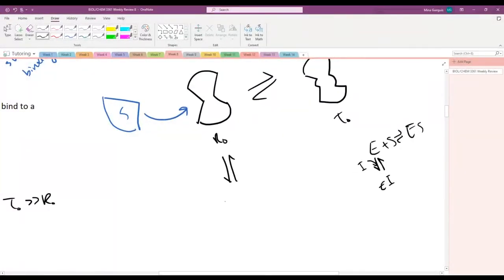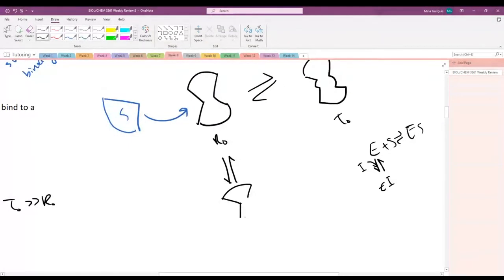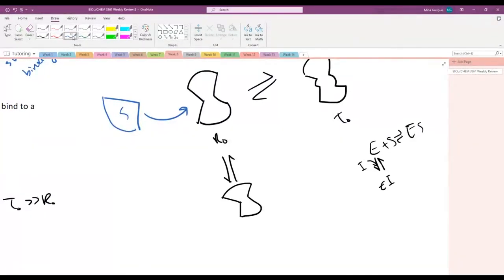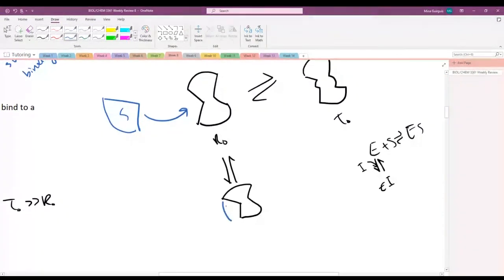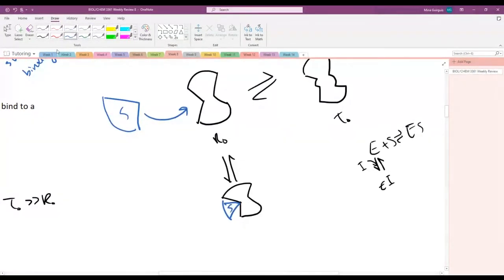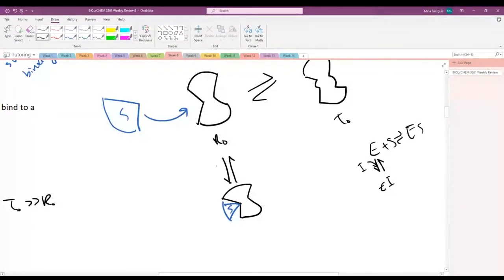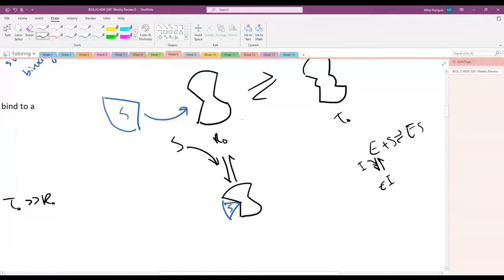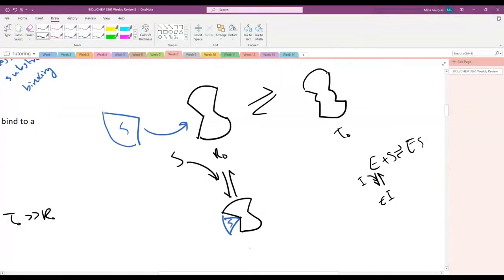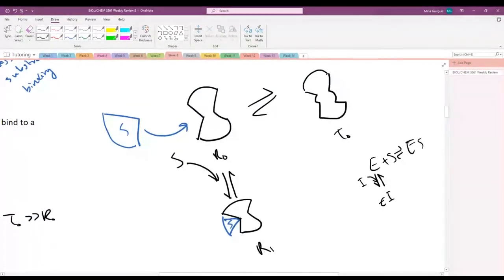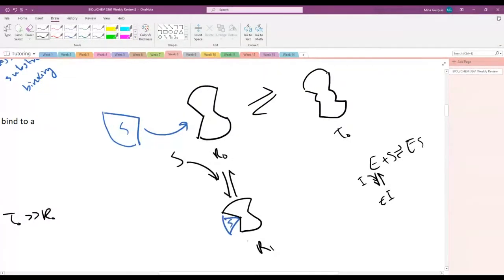This is the exact same thing, except now it's with a substrate. And the equilibrium will be affected in the exact same way. I should mention, this is called R1, relaxed state 1, rather than R0. So again, let's go through it step by step.